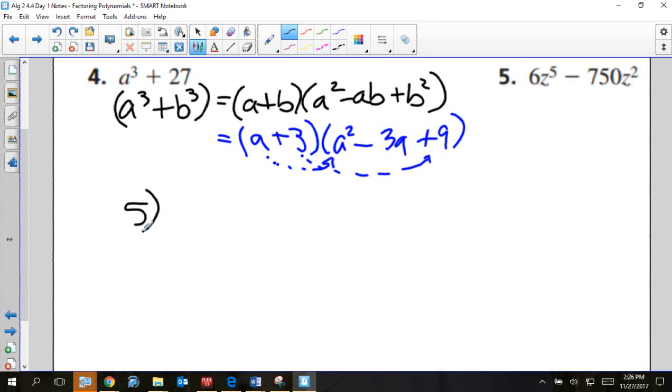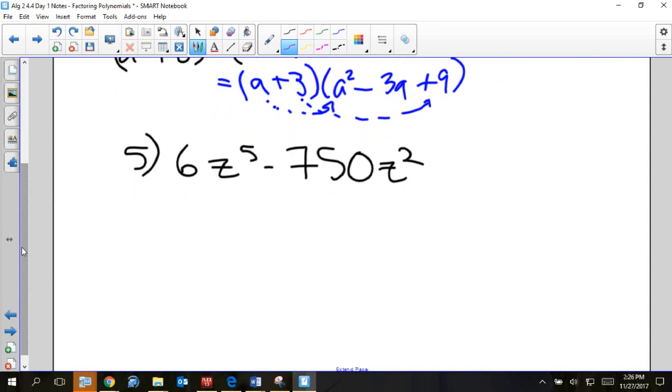I'm rewriting number 5 because I don't have enough space over there. Number 5, what should we do first? Is there a greatest common factor? Does 6 go into 756 and 750 each? Excellent. Any variables also in common?